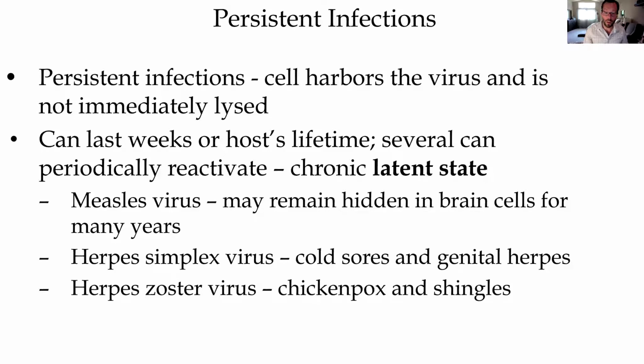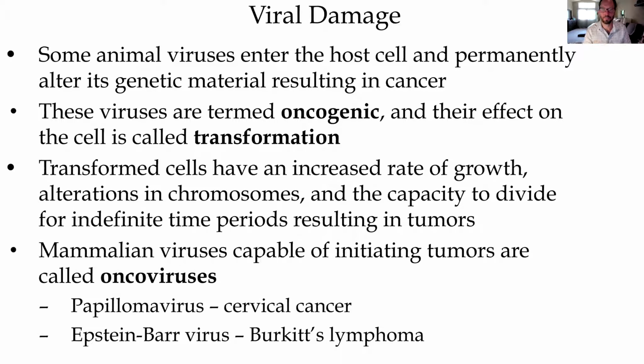The herpes virus that causes chickenpox. If you get chickenpox, you can later on in life have that remanifest in the form of shingles, if your immune system is experiencing a stress, or you're experiencing a stress. So some things don't just pass, some things stay around. And these things, I mean viruses.